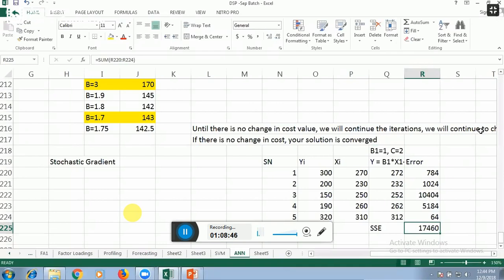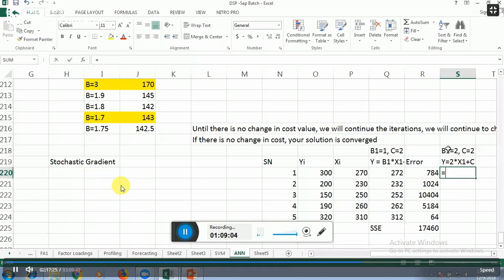Now again, by increasing beta 1 to 2 and keeping the constant equal to 2, what will my value be? My y equals 2 times x1 plus the constant, right?